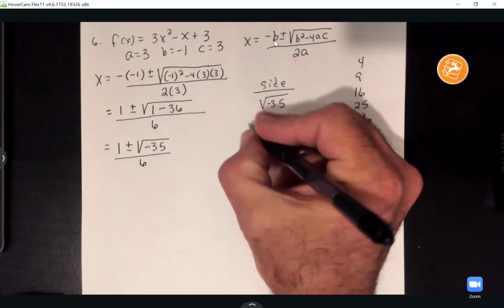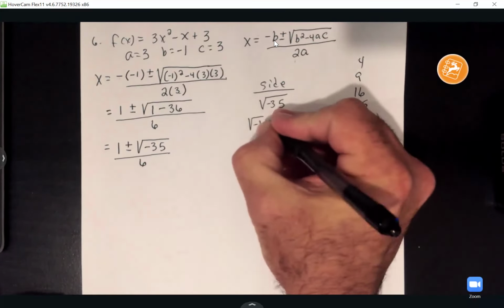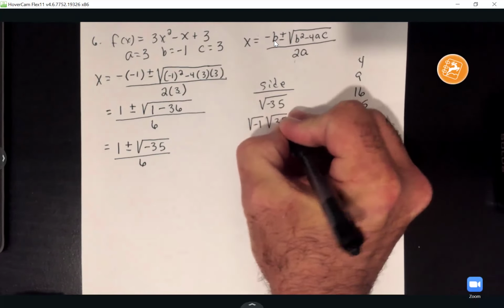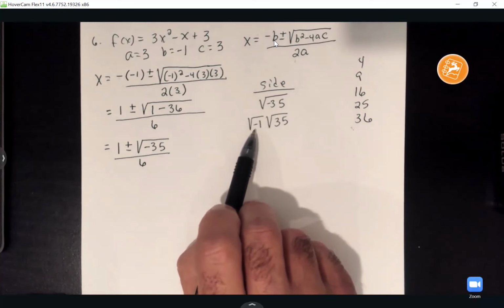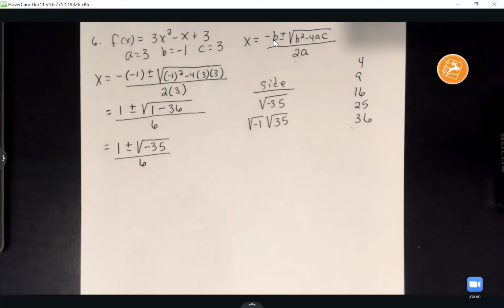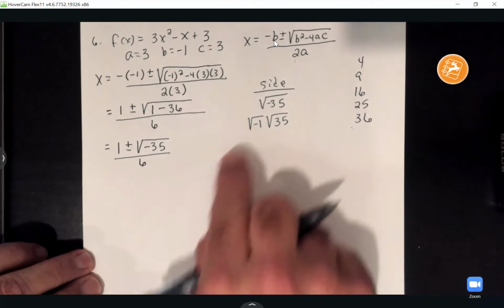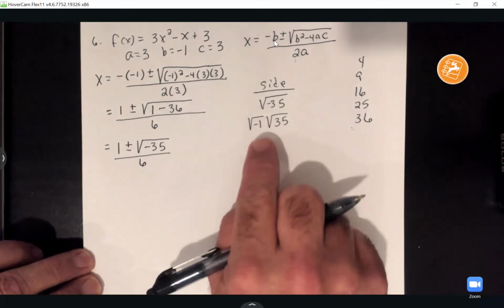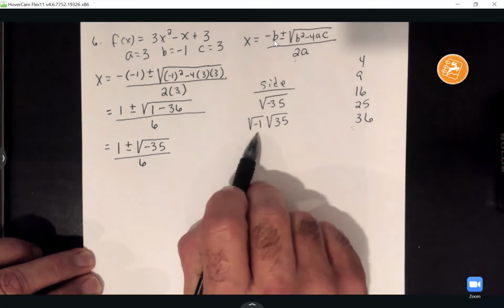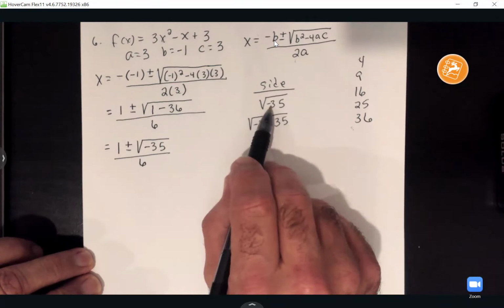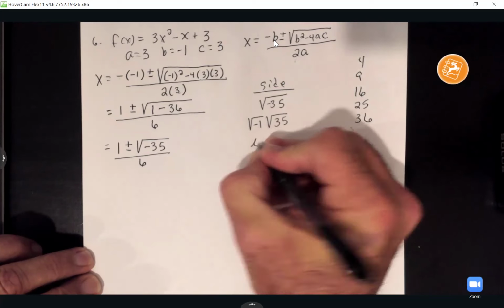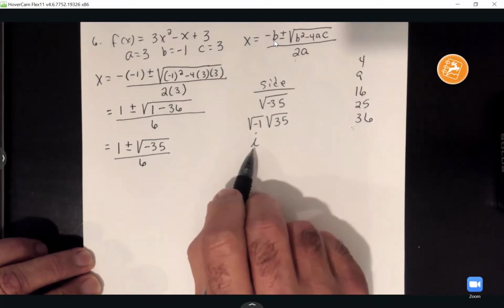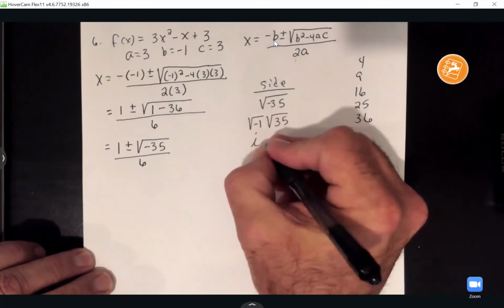Remember, that negative, we got to bring that out as a square root of -1 times the square root of 35. And do y'all remember what I'm going to replace that square root of -1 with? All right, remember, y'all, if it's negative underneath, we broke it out as a square root of -1, and we replaced the square root of -1 with i, which means this is now an imaginary answer.